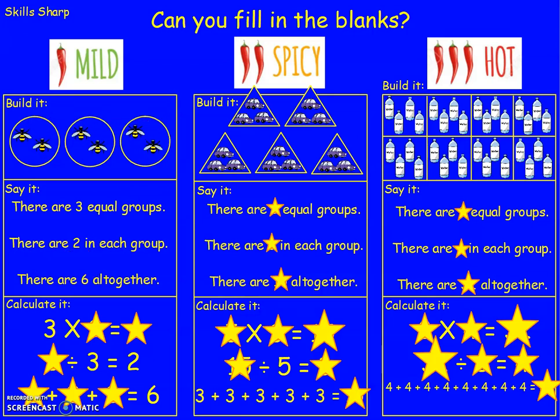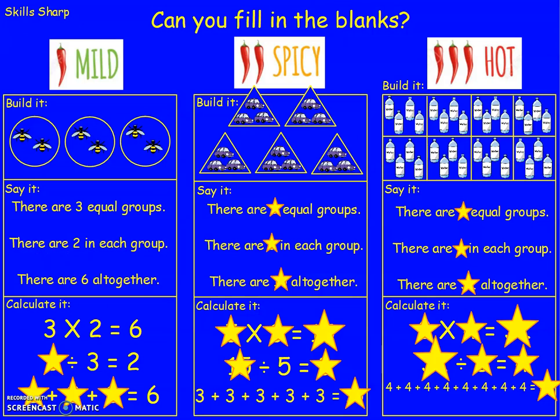Okay, so to say it out loud, there are 3 equal groups, there are 2 in each group, there are 6 altogether. To show this as a calculation then, we would have 3 times 2, because we've got 3 twos, equals 6.